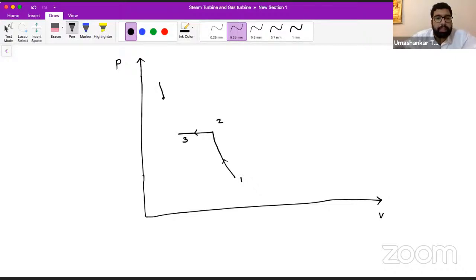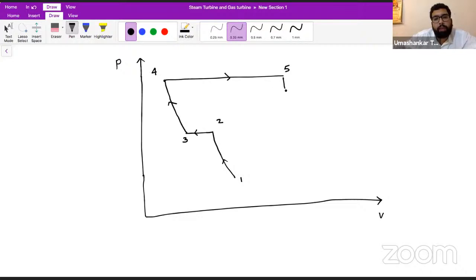From 3 to 4, we have a second stage compressor, so we are going to reach this point. From 4 to 5, we have constant pressure heat addition.